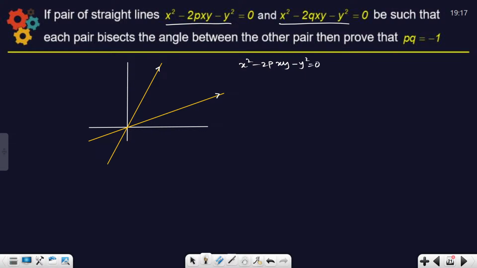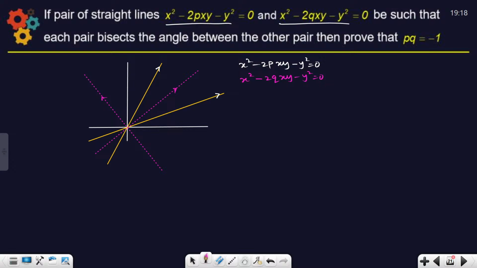And we have another pair of lines, let me draw it with a dotted line. The combined equation of these two is x square minus 2qxy minus y square equals 0. Now, what is the question?